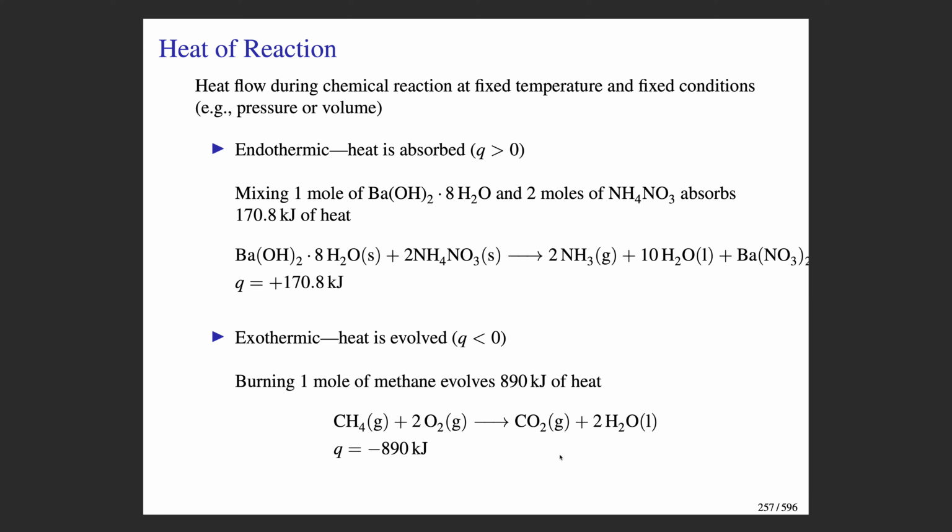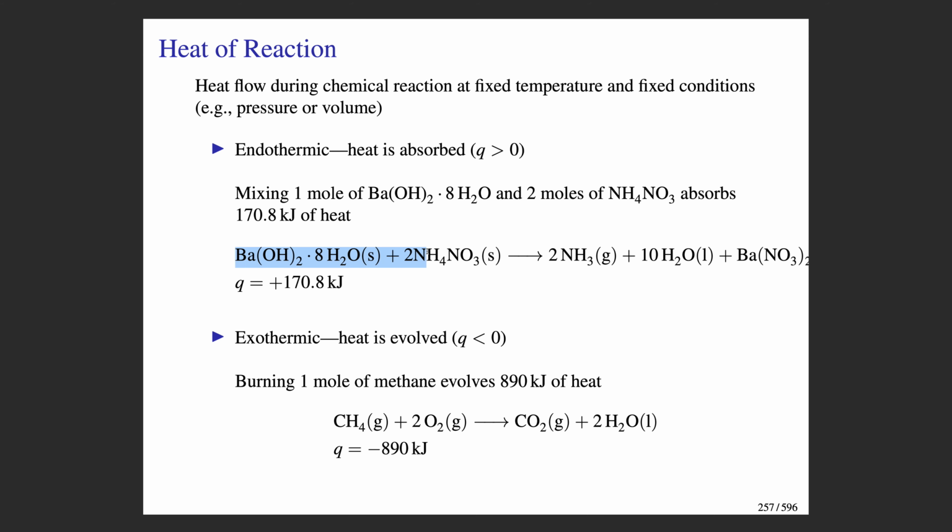For example, the bomb calorimetry experiments we described in one of the previous videos are carried out at constant volume, although the solution calorimetry experiments that we talked about are carried out at constant pressure because the reaction is open to the atmosphere. Here I'm just showing you two reactions.